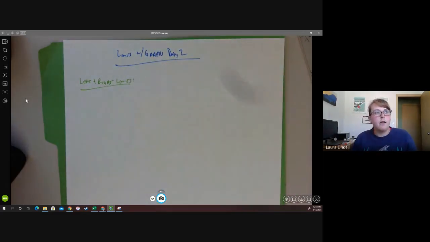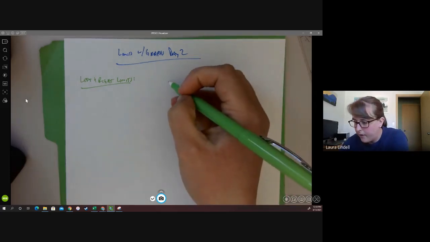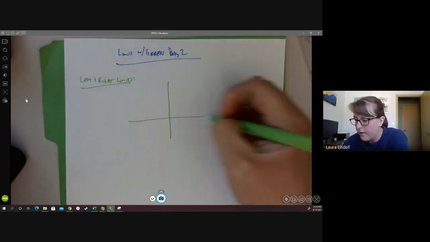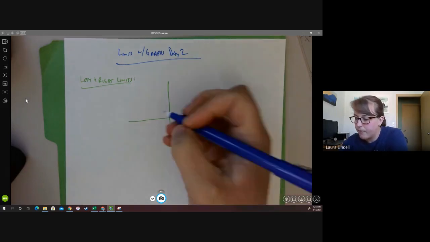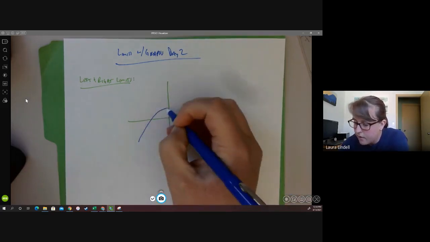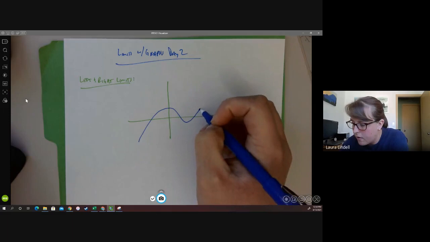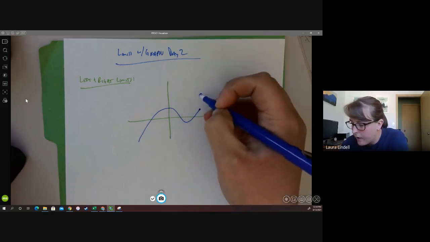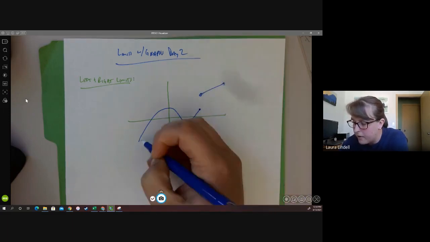Okay. So with left and right limits, we might see something happening like this, where we've got a graph. And it might be a piecewise function, it might not be.